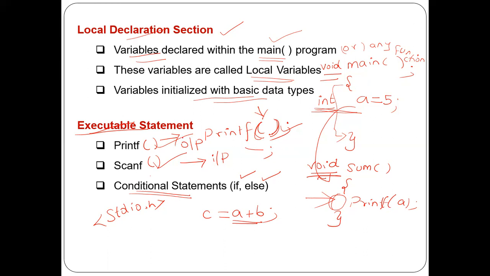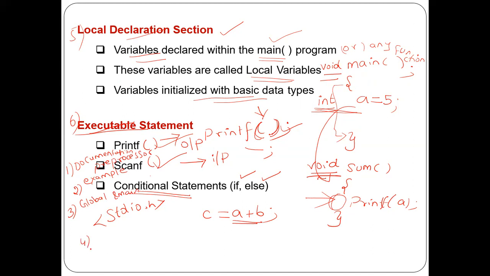I hope you understand the structure of C program thoroughly. I have put several videos on the structure of C program. In the first video I discussed the documentation section and preprocessor directives. In the next video I gave examples of preprocessor directives. In the previous video I discussed global declaration and the main function.